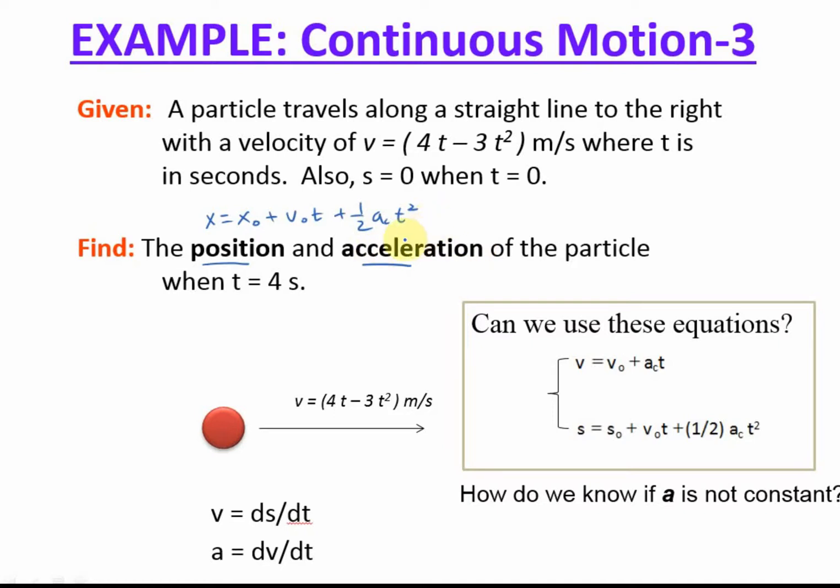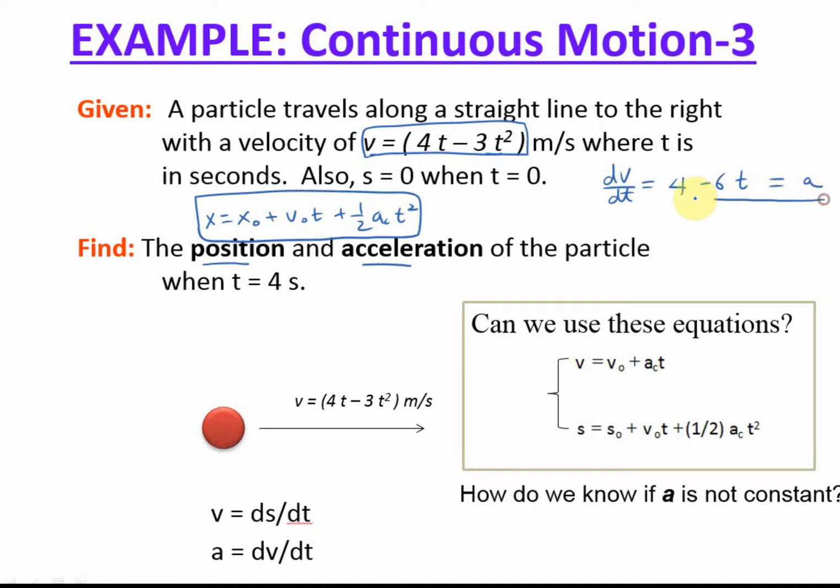However, there is a catch here, because when we derived these equations, we assumed that the acceleration is constant, right? But if you look at this question, the velocity is a function of time. When you take the derivative of your velocity over dt, this is 4 minus 6t. So this is your acceleration.